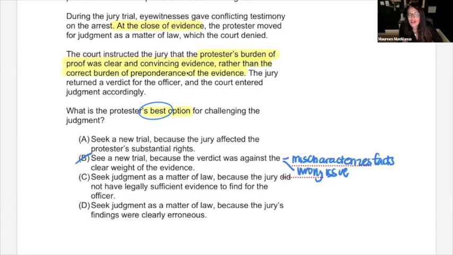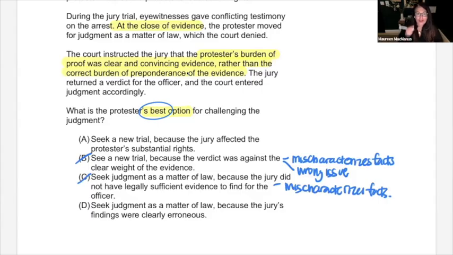We can't pick that option because it omits the fact that the wrong burden of proof was given. So it mischaracterizes facts. I would say it even overstates the facts. And then D, seek judgment as a matter of law because the jury's findings were clearly erroneous.